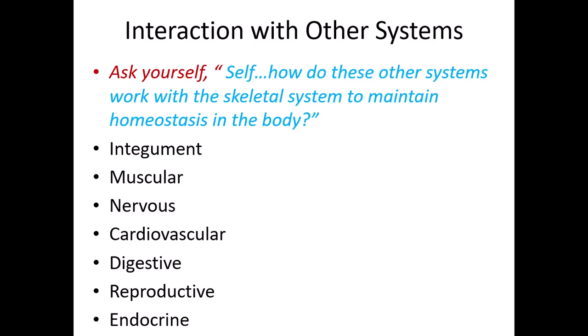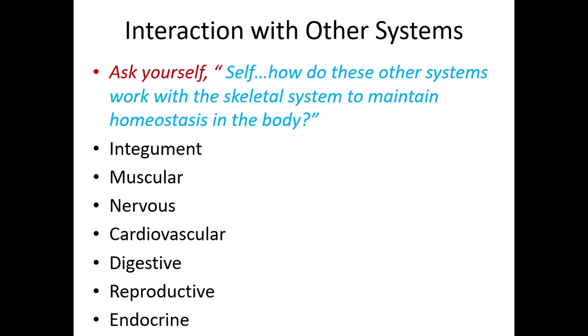And endocrine system, specifically at the tie between endocrine sex hormones and bone tissue production. Remember, we also talked about the role of parathyroid hormone and calcitonin in regulating calcium levels, which of course affects bone tissue.